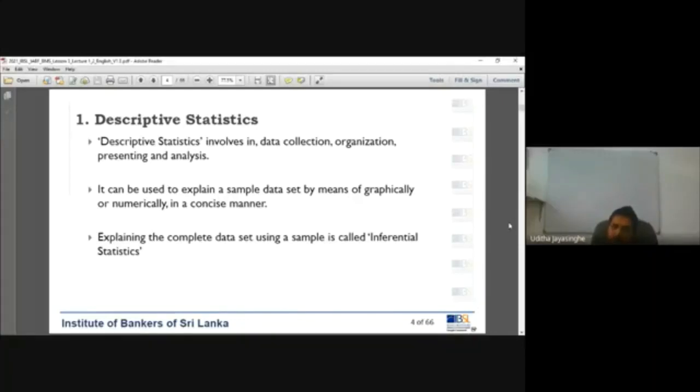The third point I want to stress is that using a sample to understand the complete data set is called inferential statistics. So the moment you have access to the complete data set, the reciprocal word of descriptive statistics, inferential statistics, is coming into the picture.